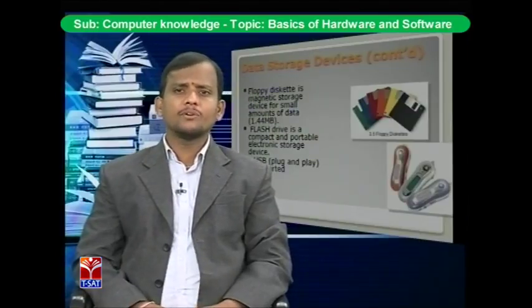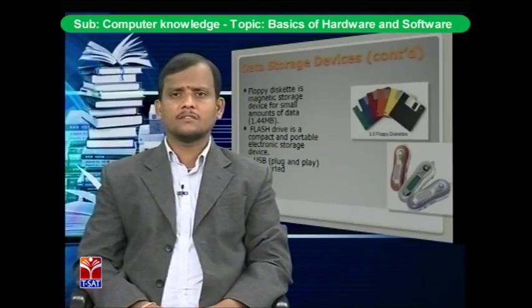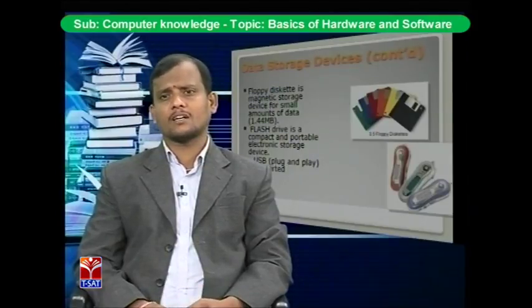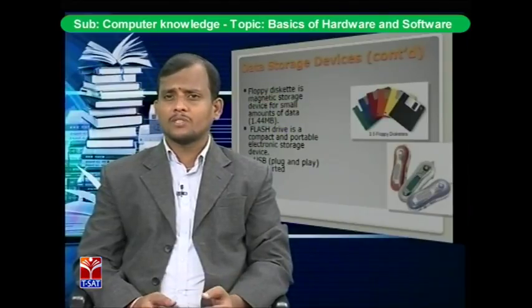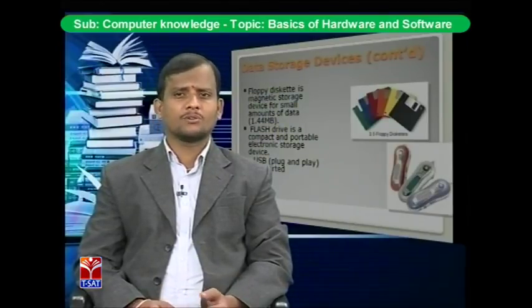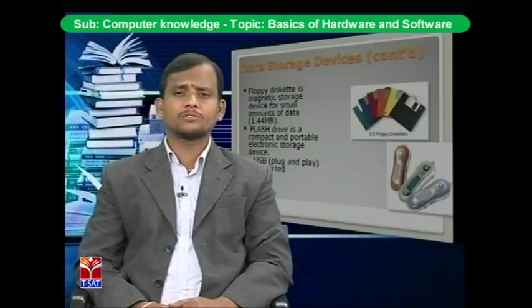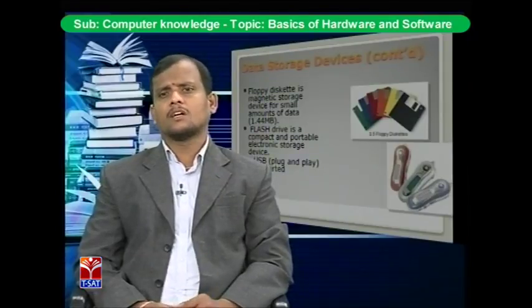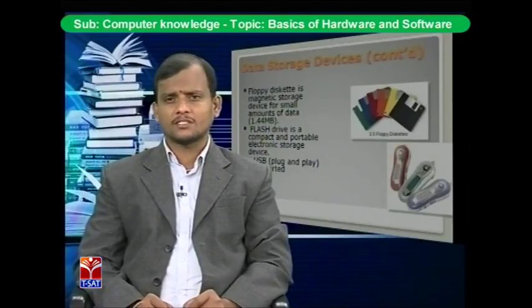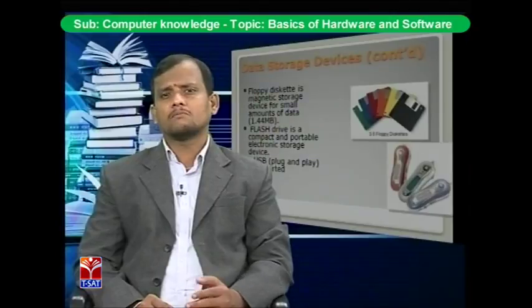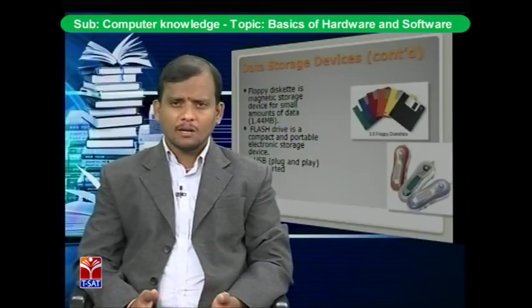So these are a few data storage devices. The devices which we use to store the data are called data storage devices. A few of them are floppy disks. Nowadays you can't see floppy disks, but initially we used to have them. Very minimal data can be stored on a floppy disk, around 1.44 MB.